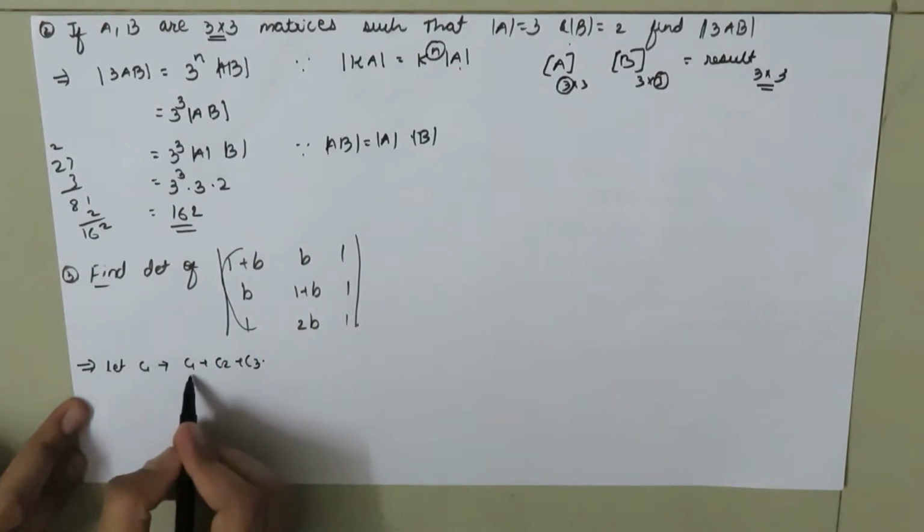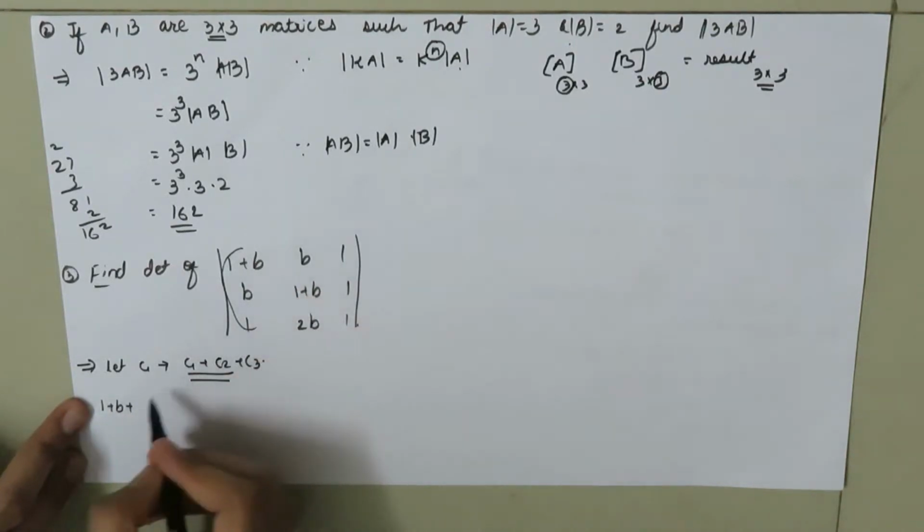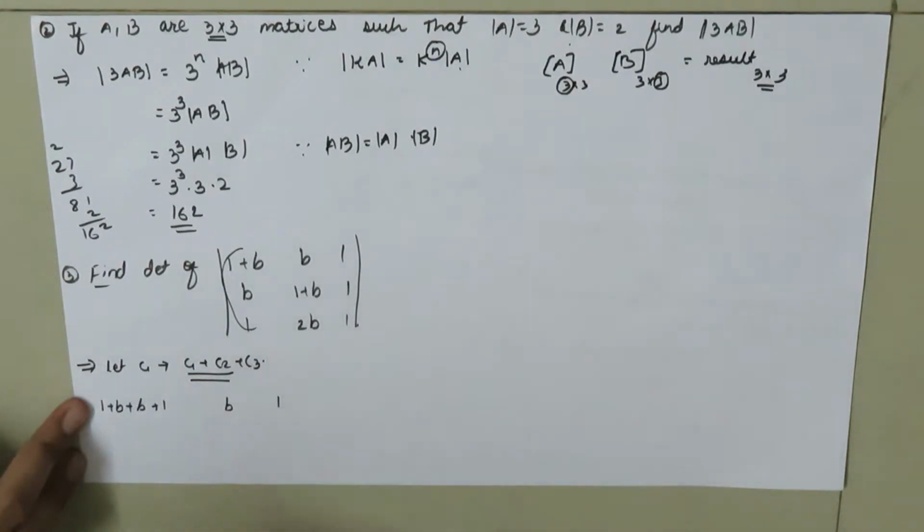As we applied this column operation, 1 plus b plus b plus 1, and here we have b and 1, this will be b plus 1 plus b plus 1, this is 1 plus b as it is and 1. This is 1 plus 2b plus 1, and here we have 2b and 1.